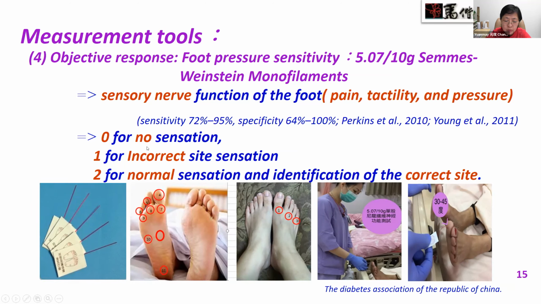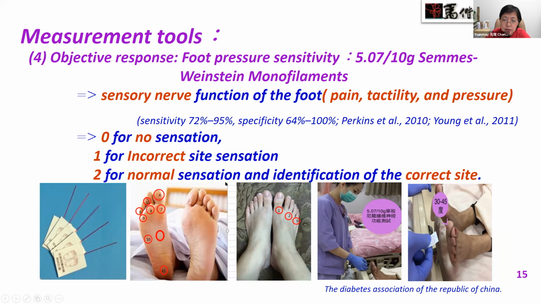So we ask the patient to indicate when they feel the touch. The application of the monofilament to the various sites was randomized throughout the exam. The testing can be repeated at a site to ensure accuracy. If the patient responds with no sensation, the score is 0.